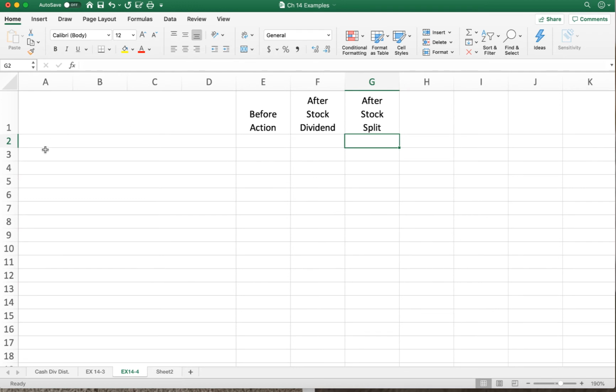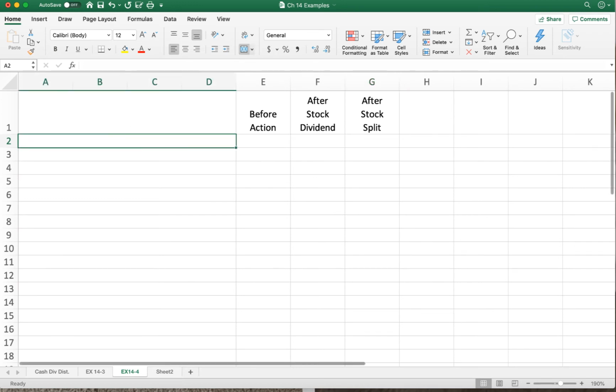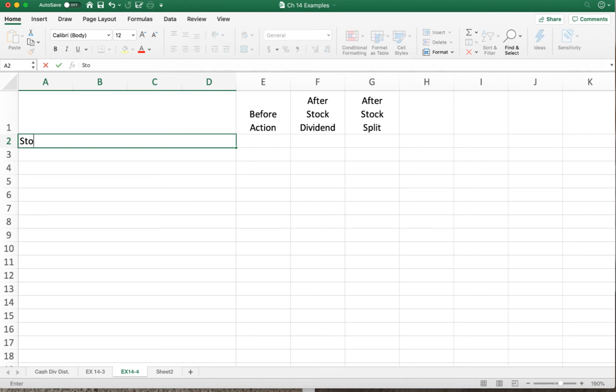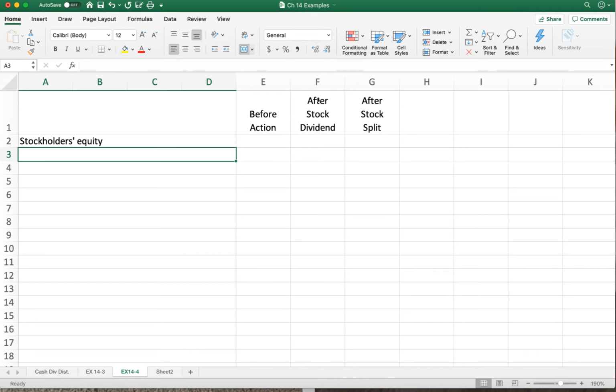Okay. So what we need to do is list out our stockholders' equity. We're going to put this in financial statement form, so to speak. So we want to have stockholders' equity. And the next thing that we need to write is our paid in capital.